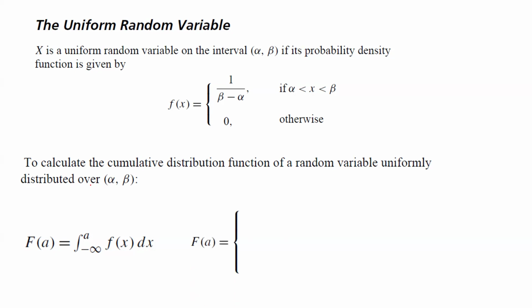So F of a can be calculated as follows: when a is less than or equal to alpha, you have 0. When a is bounded between alpha and beta, you have a minus alpha divided by beta minus alpha. And for any value more than or equal to beta, you get 1.